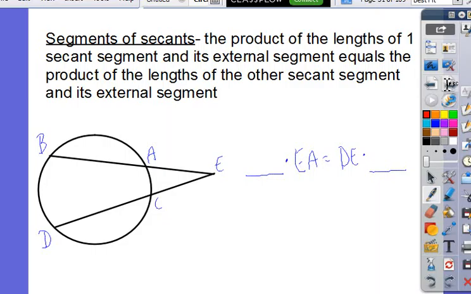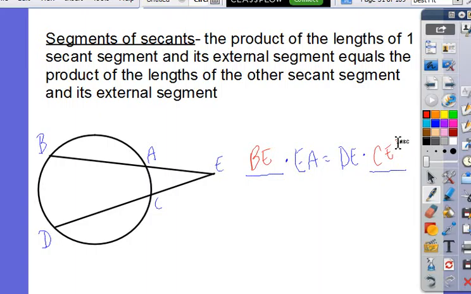So what is the whole thing up here? BE. What is the outside piece? EA. Everybody see that? Whole thing times the outside. That's your rule. If you remember that, it should be easy. Well, then the whole thing on the bottom one is DE, and then the outside piece is CE. That's it.